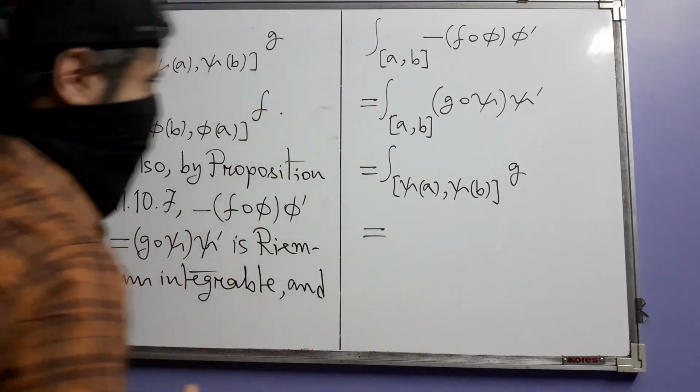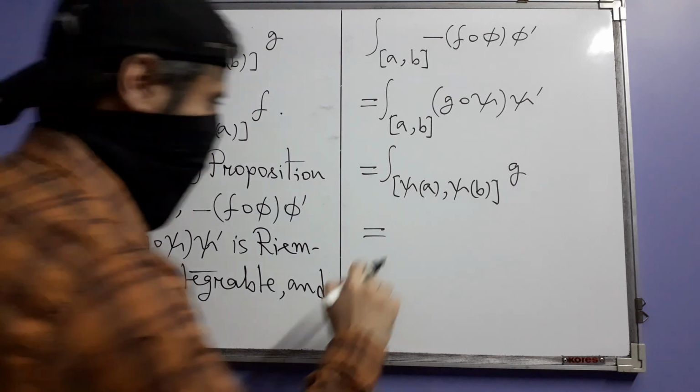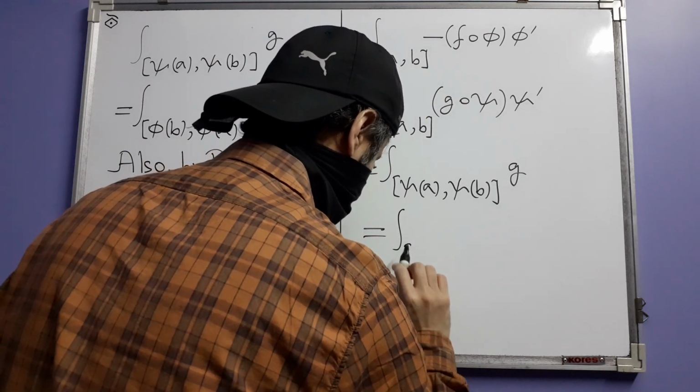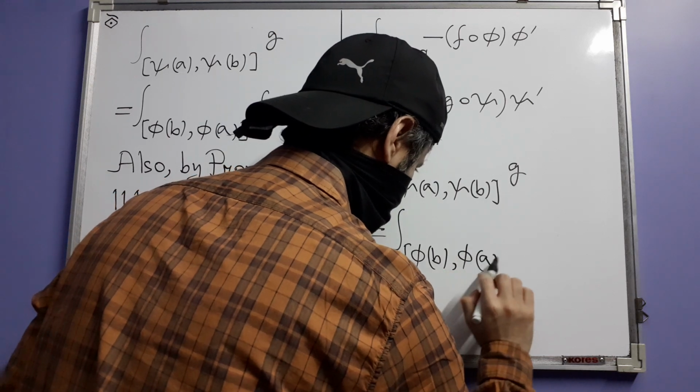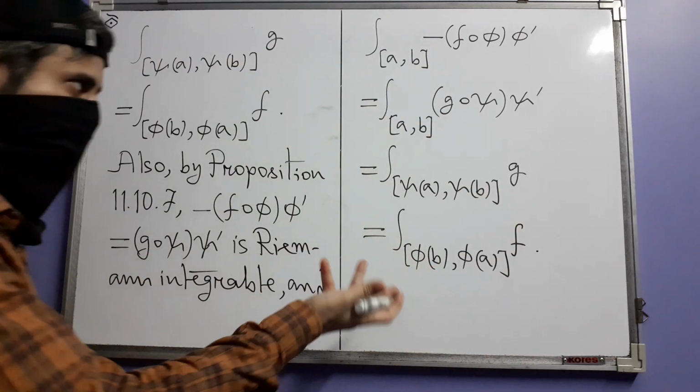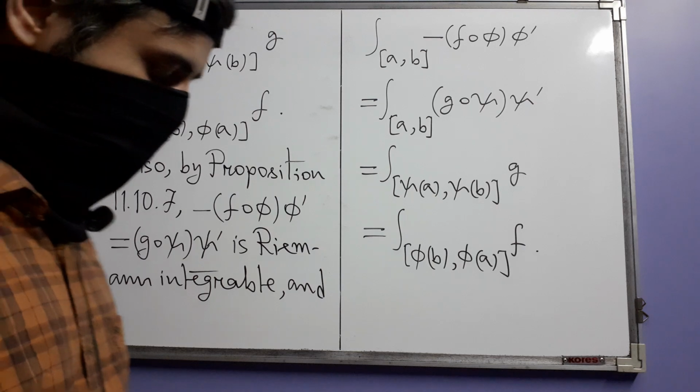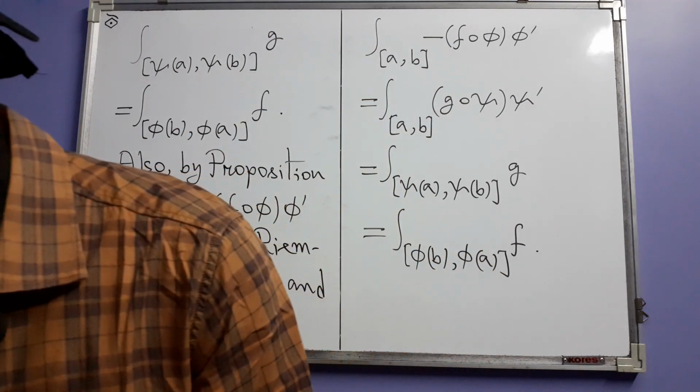And that, of course, by this equality is the integral of f over the domain of f, and this is what you wanted to show. So that completes this exercise.